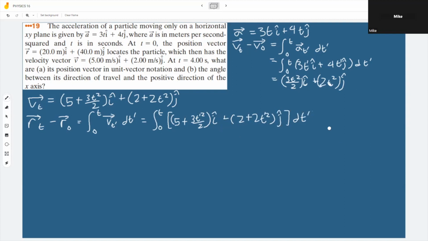Okay, ngayon, integrate, what do you get? 5t.